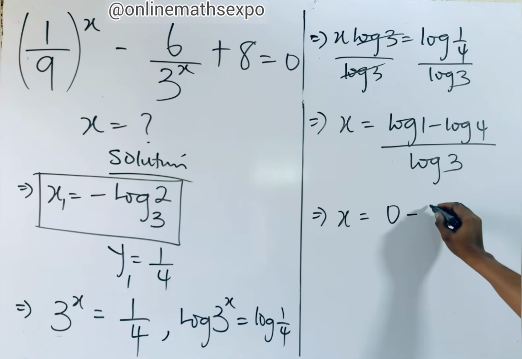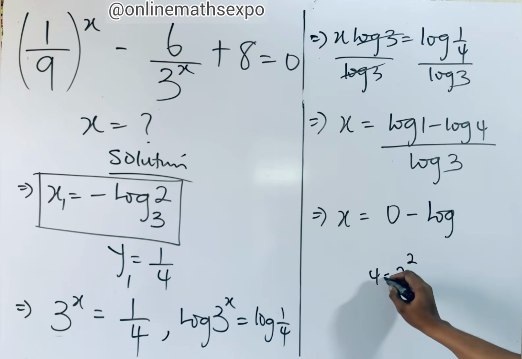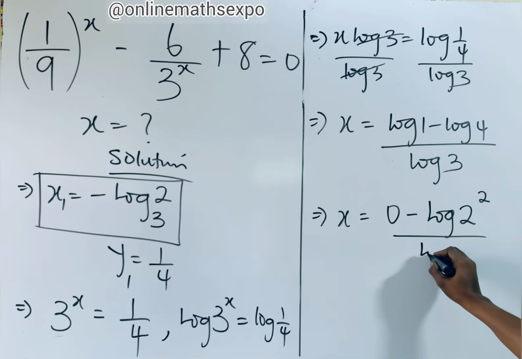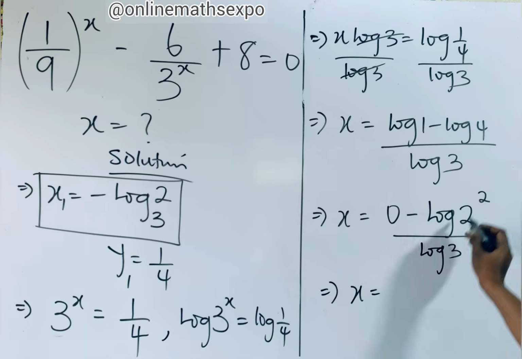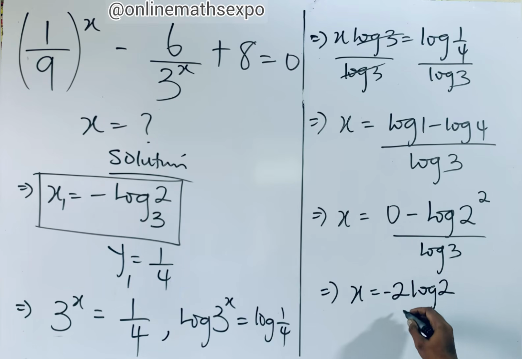For 4, we can write it as 4 is 2 to the power of 2. So this is log of 2 to the power of 2 divided by log of 3. Simplifying more, the power multiplies the log, so we now have x is equal to negative 2 log 2 divided by log 3.